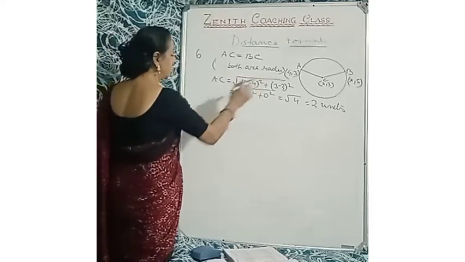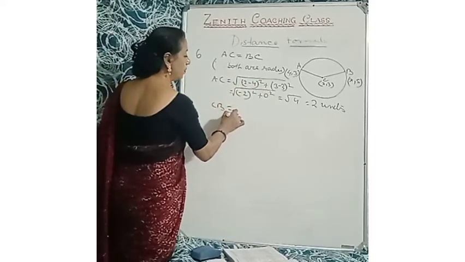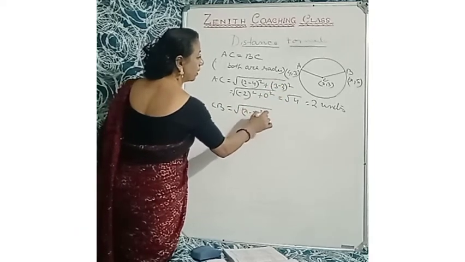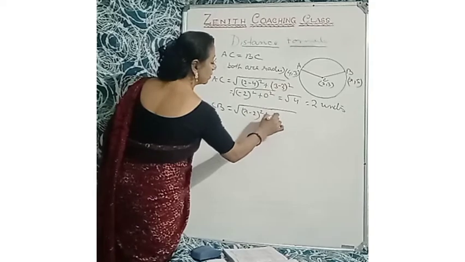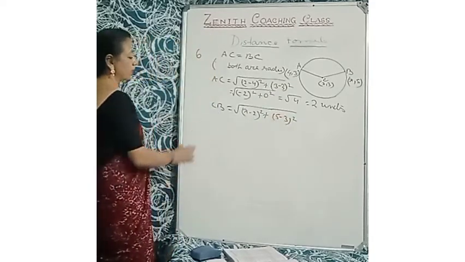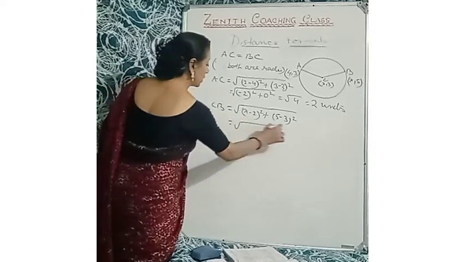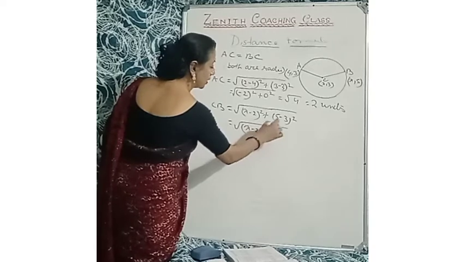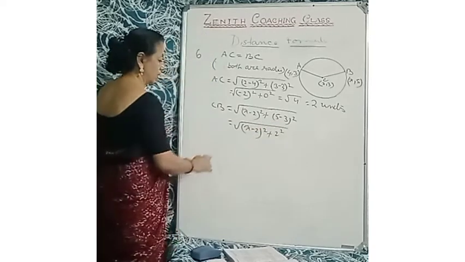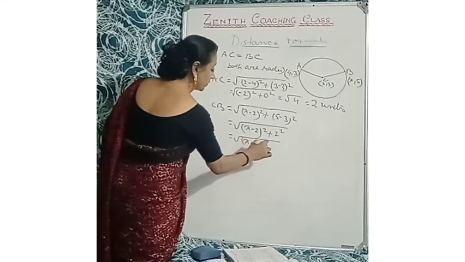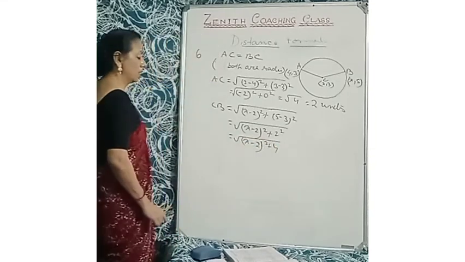And CB equals √((x - 2)² + (5 - 3)²), so √((x - 2)² + 2²), that is √((x - 2)² + 4).